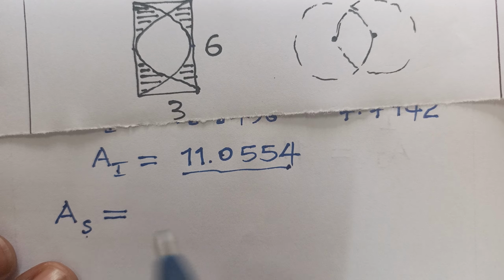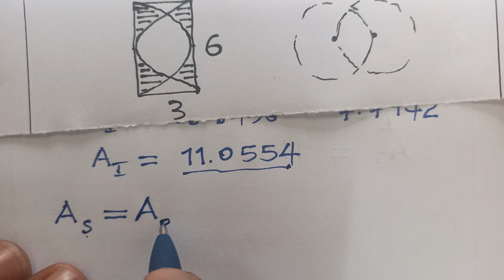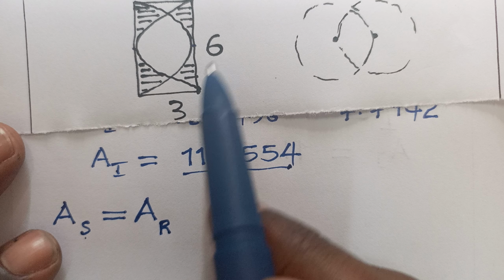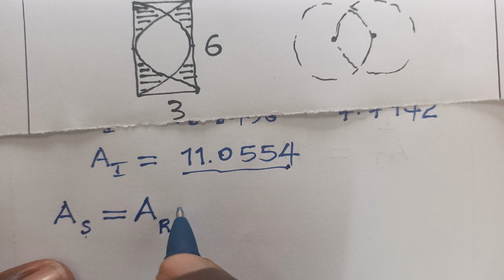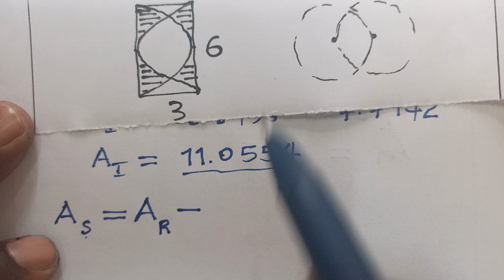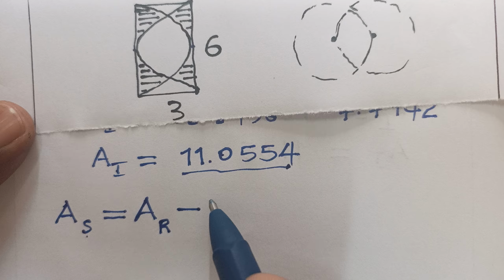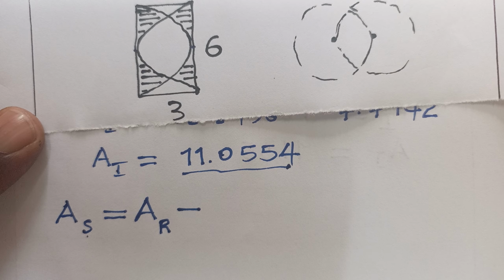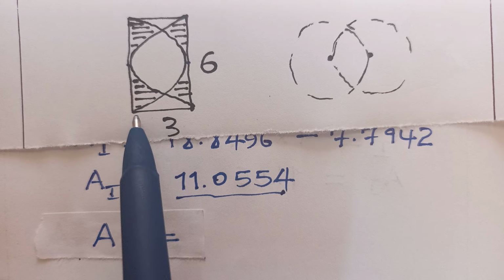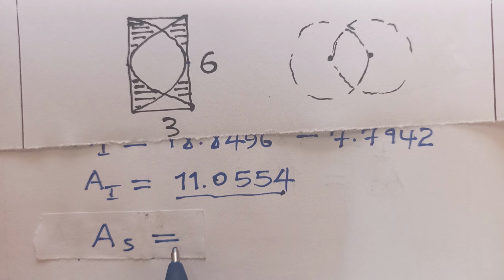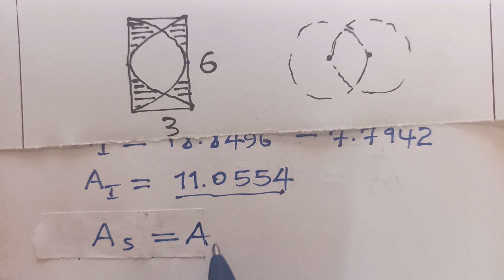Guys, we are going to say the area of the rectangle, that is rectangle 6 multiplied by 3, minus, now we come and subtract. Sorry guys, we don't need the area of the rectangle. We need the area of the union, that is AU.